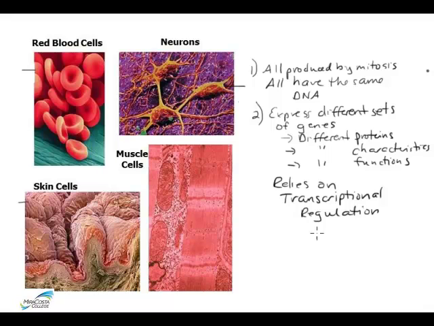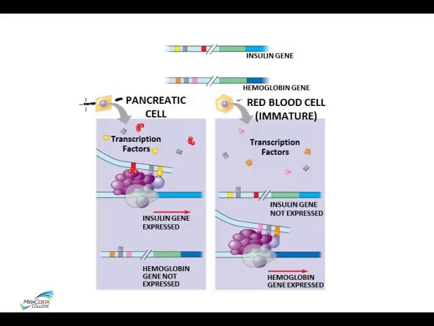To get a better understanding of how this transcriptional regulation actually works down at the molecular level, we're going to take a look at two specific cell types that express different sets of genes, the pancreatic cell and red blood cells. So here we have a pancreatic cell, and this particular pancreatic cell is a cell type called the beta cell that's specialized to produce a hormone called insulin, which I'm sure you've heard of.